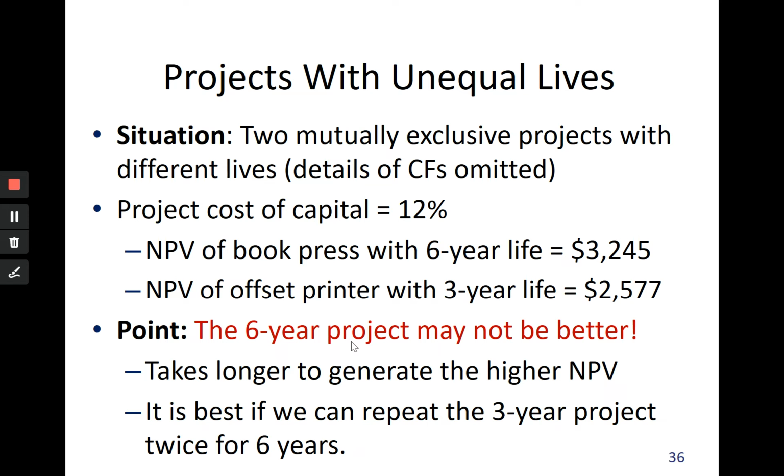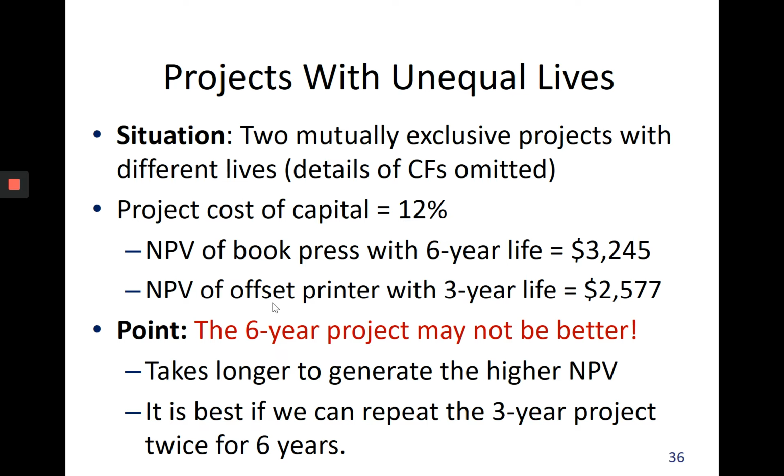Net present value of the first project, we call it a book press project, which has a life of 6 years, is 3,245. Of course, the units could be thousands. The other project has half of this life, 3 years, and its net present value is 2,577.